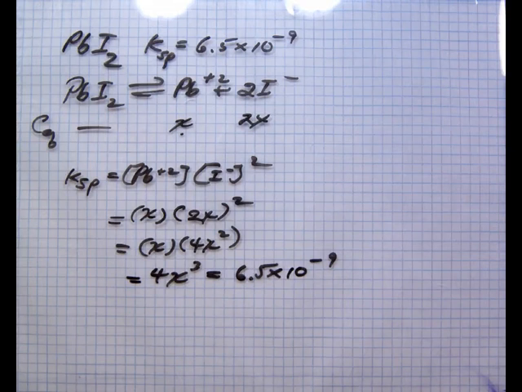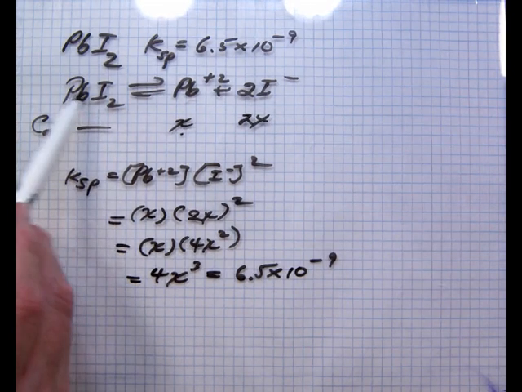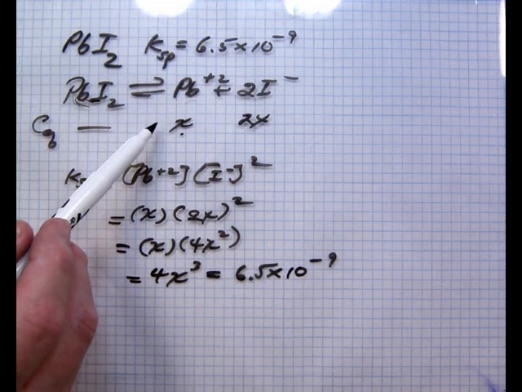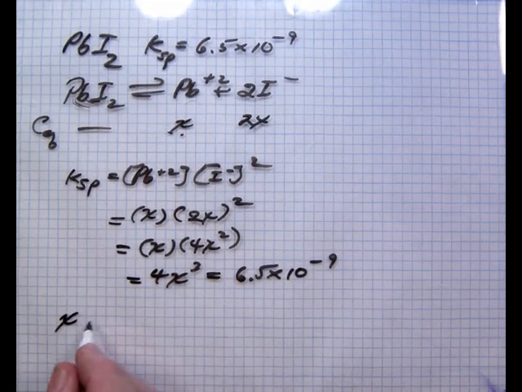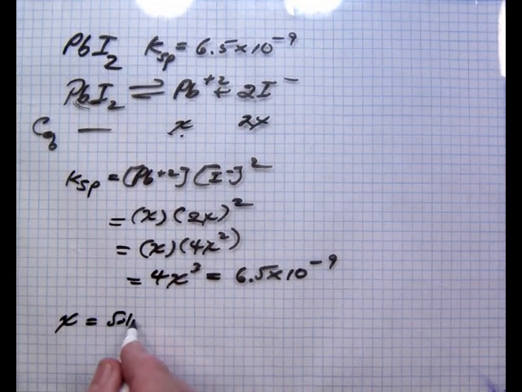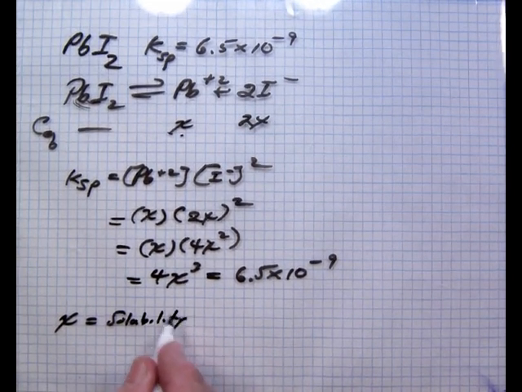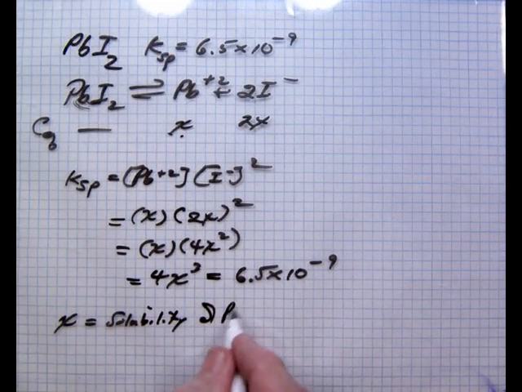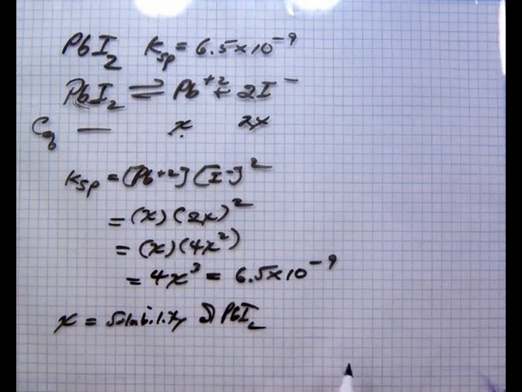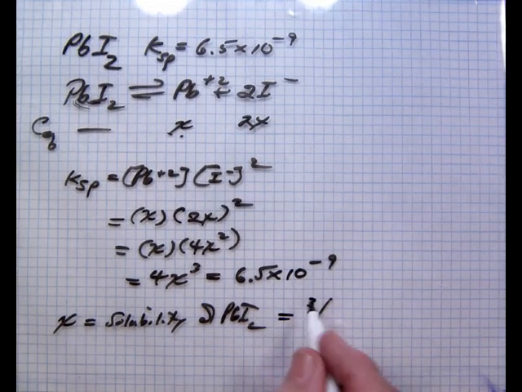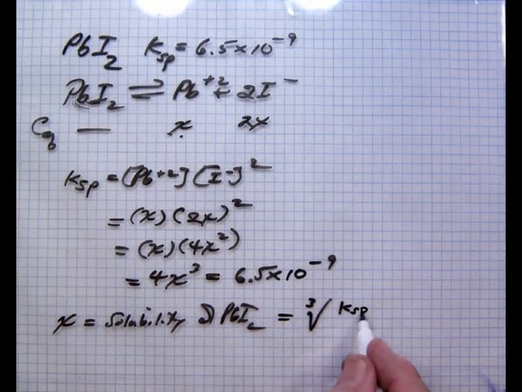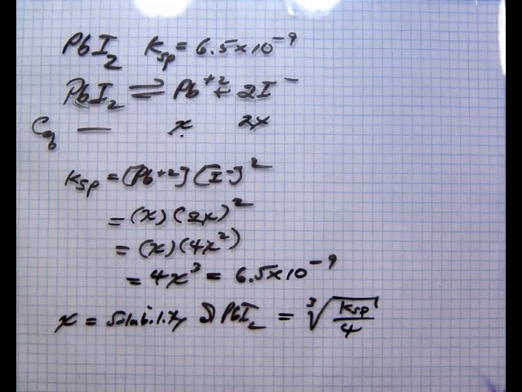So whatever X is, you identified as the amount of lead iodide that was delivered into solution. X is the solubility. So when we solve for X, we have the solubility of lead iodide.